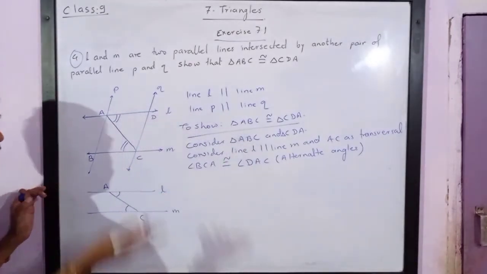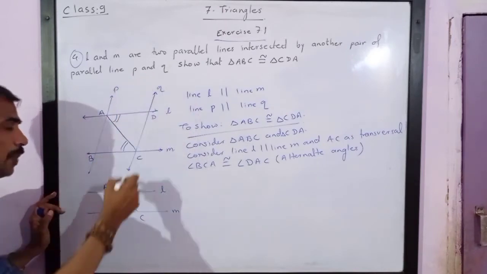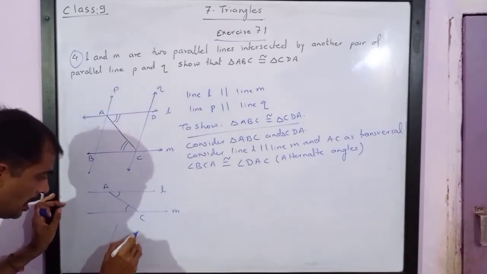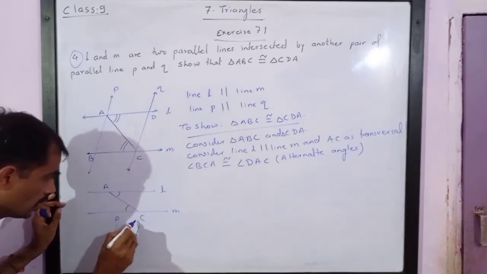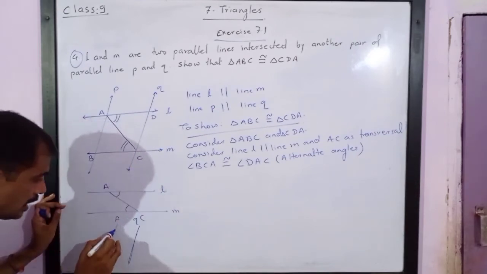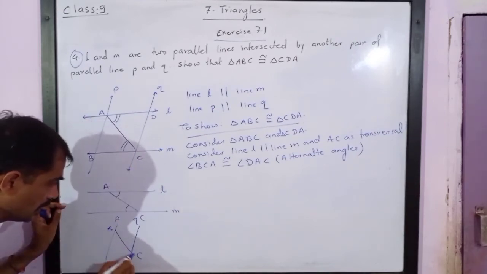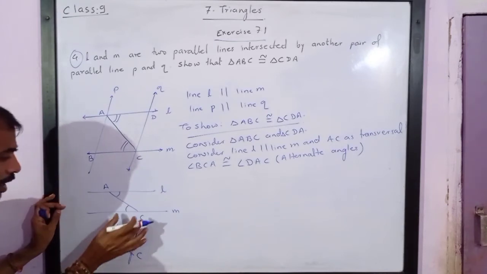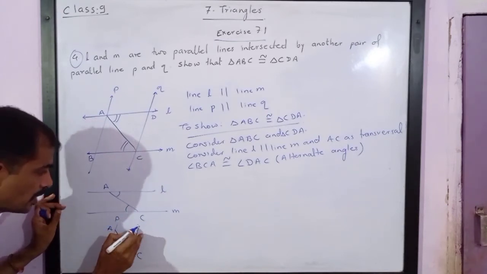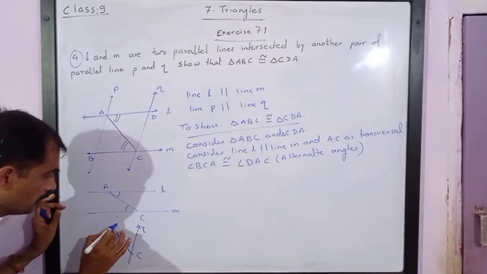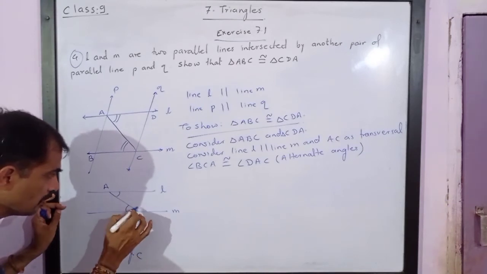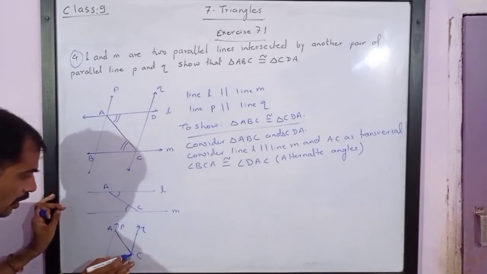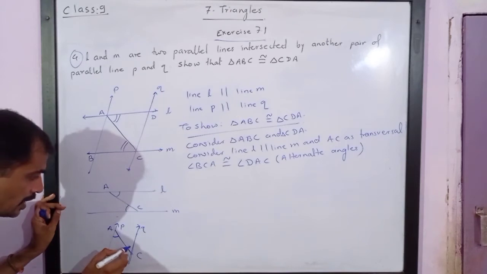Now consider next part. Consider these two parallel lines, P parallel to Q and AC as a transversal. This is AC. If PQ are parallel, don't get confused with this, this is C vertex. You will get again these angles as alternate angles.